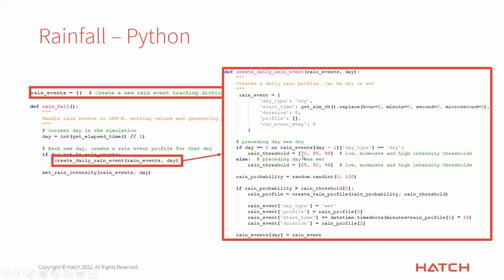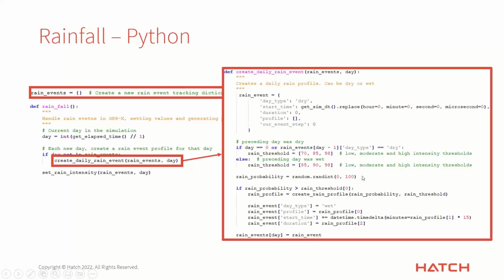As you can see, these thresholds above are a little bit lower than these ones below. That's just because, like we mentioned, we're going to make it a little bit less likely that you'll have a rainfall event following a day that had rain. And we have 3 thresholds this time, because the first one corresponds to a low intensity event threshold, the second a moderate, and the third a high intensity threshold.